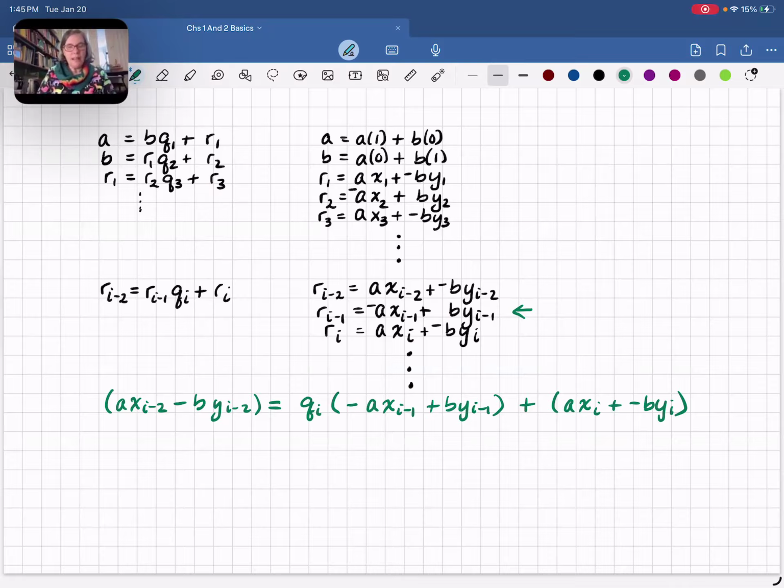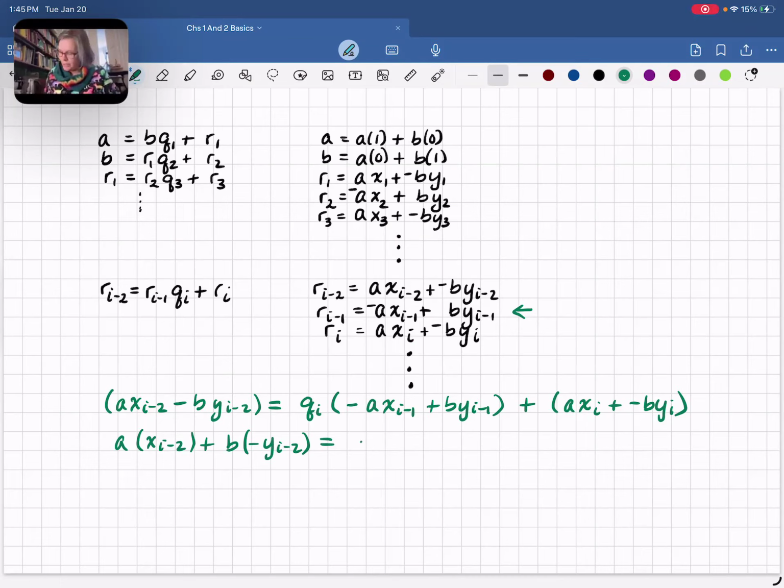Okay, now let us simplify by combining all the terms that have an a on each side and all the terms that have a b. So I will get a times xi minus 2 plus b times negative yi minus 2. That's on the left.